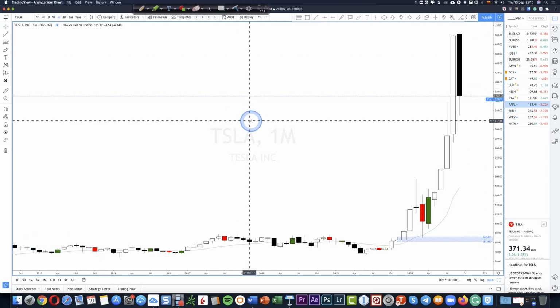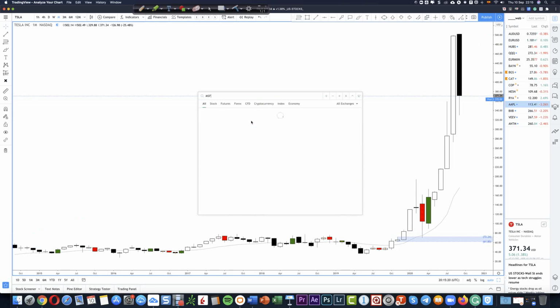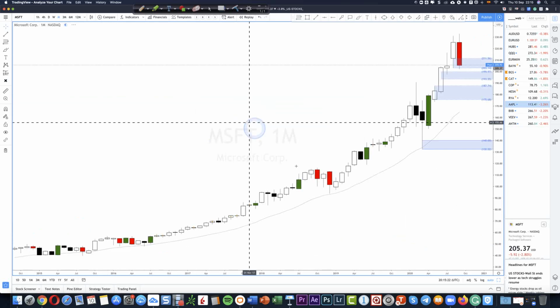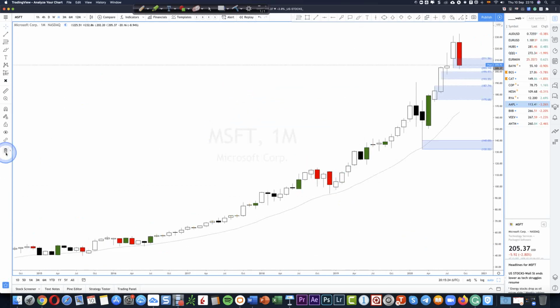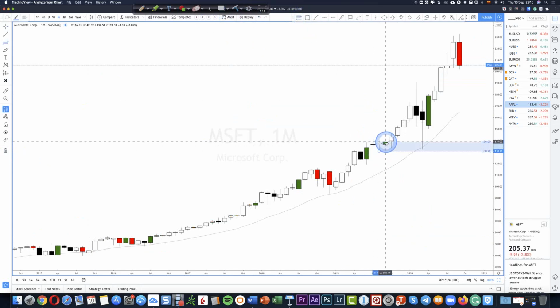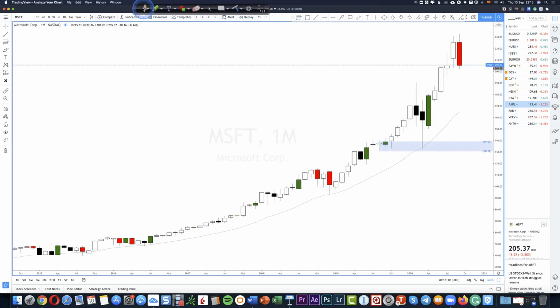Let's take a look at another one, because it happened in hundreds of them. Okay, this is Microsoft. Look at that. Same thing, and this was also posted in the community and the video analysis. Several years is overextension, March rally. So now, bearish engulfing pattern, look at the strength of the bearish engulfing pattern.